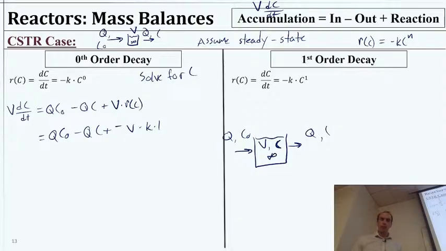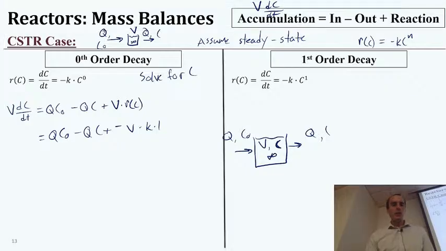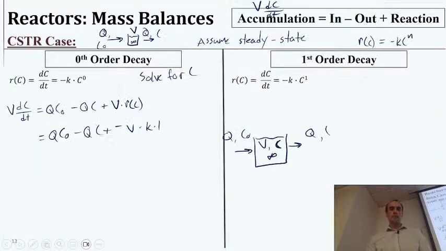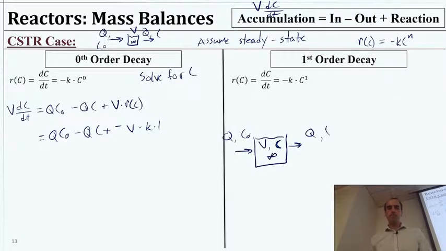But even if we look back from last time in the batch case, that's exactly how we started, saying, okay, in that volume in the batch situation, how is that concentration changing over time? V times dC over dt. Okay, does this part make sense so far?